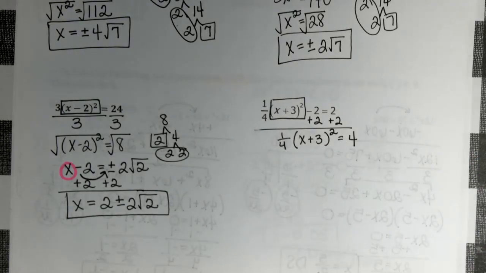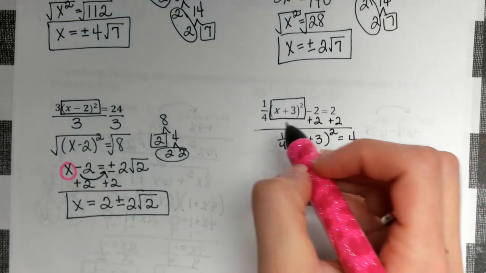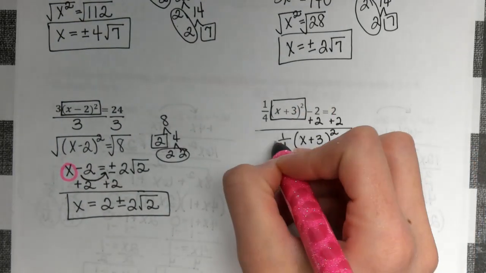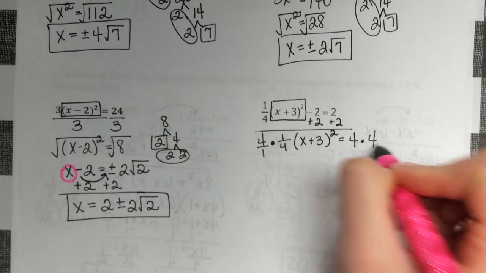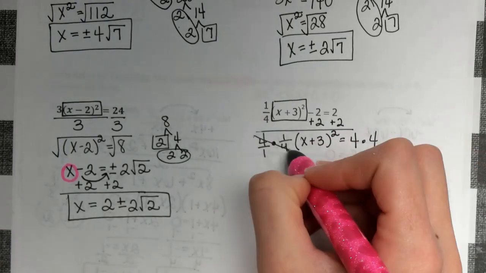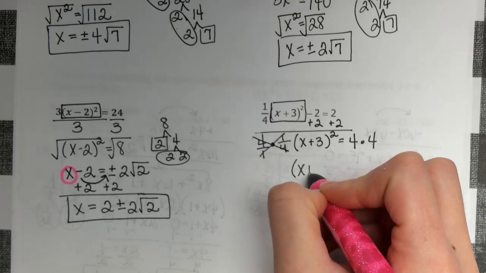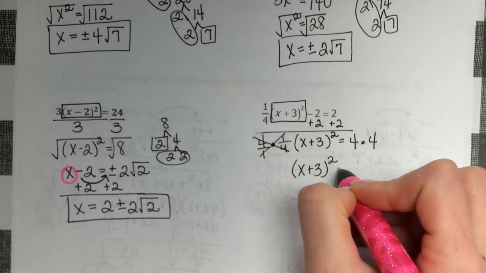Now I need to get rid of that fraction. Do I divide by fractions? No. If you do, you're getting points taken off. Okay? Instead of dividing by a fraction, I multiply by the reciprocal, which is just 4/1, which is 4. So that leaves me with x plus 3 squared equals 16.